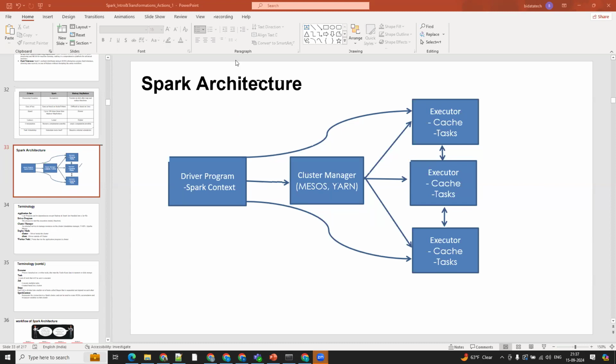Shiva, Spark runs on top of a cluster, right? Yes. I'll talk in normal layman language here. Take a software company. I have a team of 10 members in company XYZ.